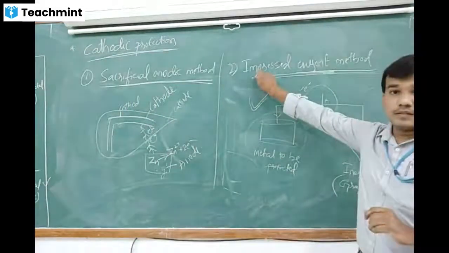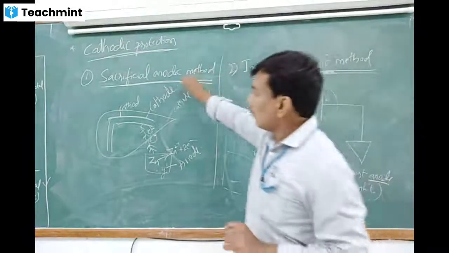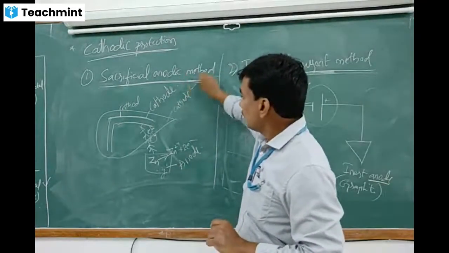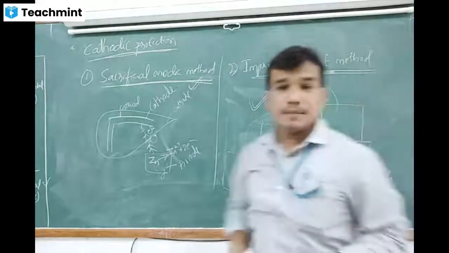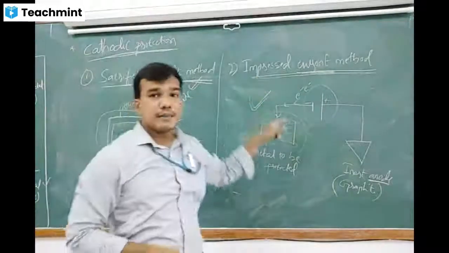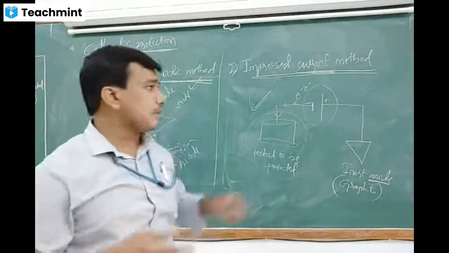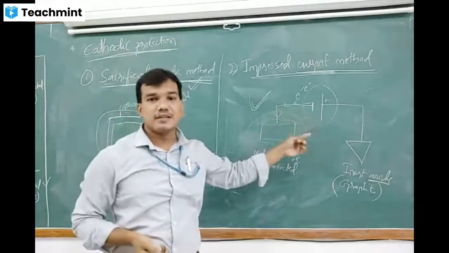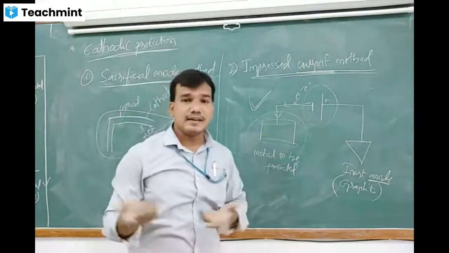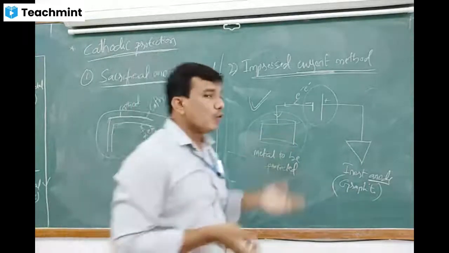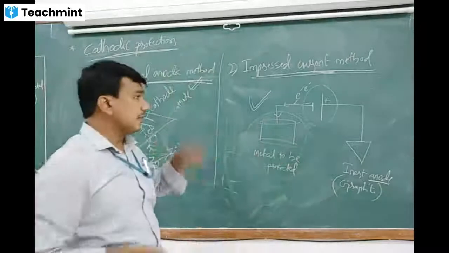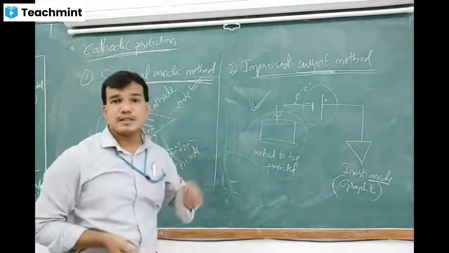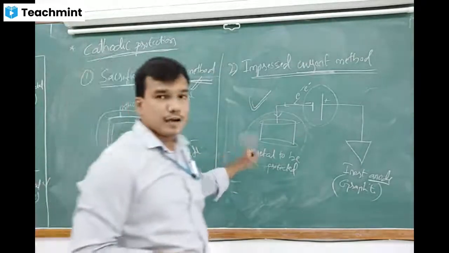First one is more advantageous than the impressed current method, because in the impressed current method we continuously have to supply electric current. For supplying electric current there is obviously more cost, and continuous supply of current is also difficult in this process.